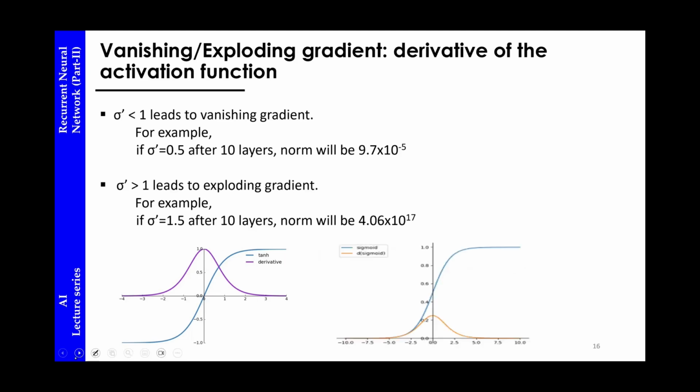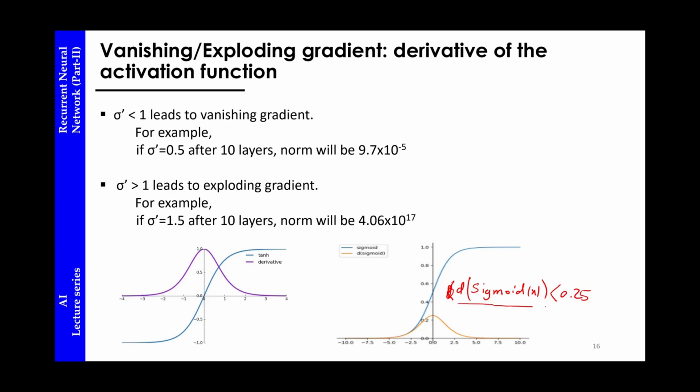The next example is the sigmoid function. The blue curve is the sigmoid and the orange curve is its derivative. You see that the derivative of the sigmoid function is less than 0.25.